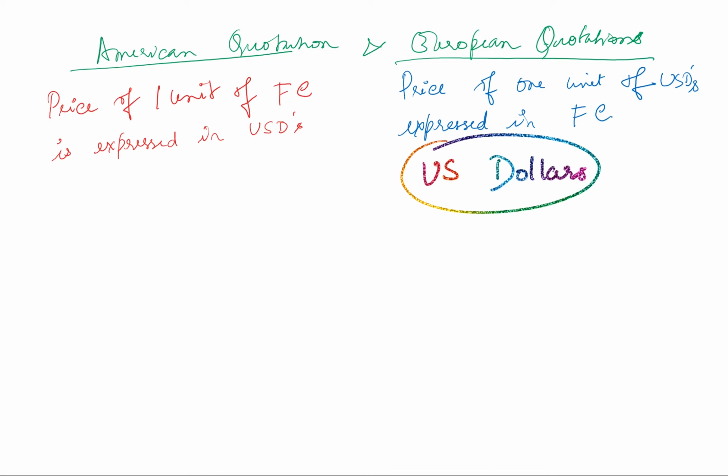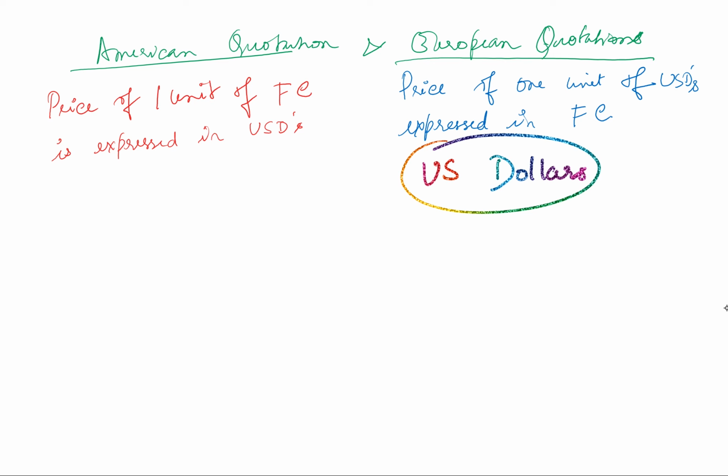If not, you cannot classify them as American or European quotation. USD can be either in the base position or in the quote position. Based on the given meaning here, for an American quotation, USD will be a quote currency, and in a European quotation, USD will be in the base position.